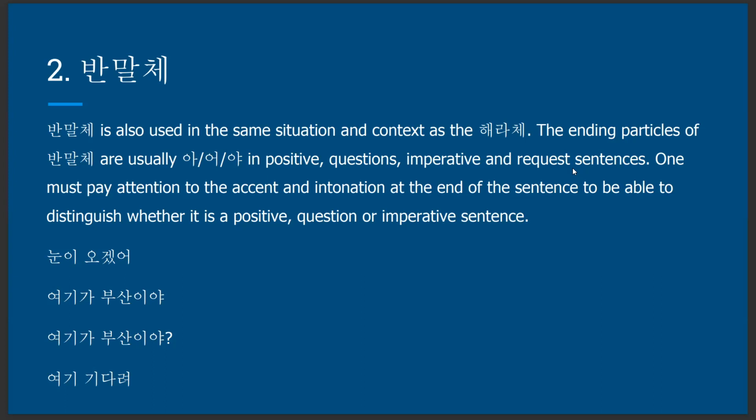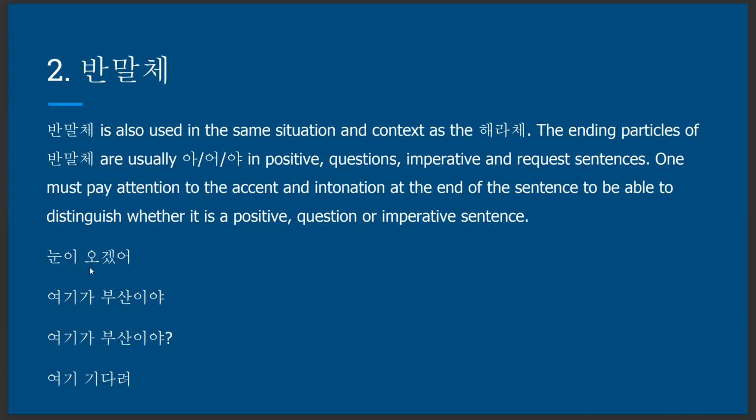Because we have similar endings, right? If you want to distinguish whether it's a positive sentence, a question, or an imperative sentence, you just need to pay attention to the intonation or the accent.